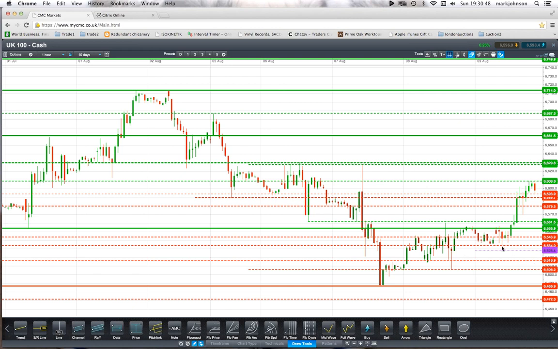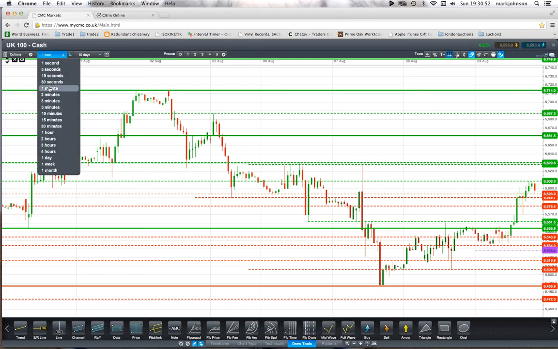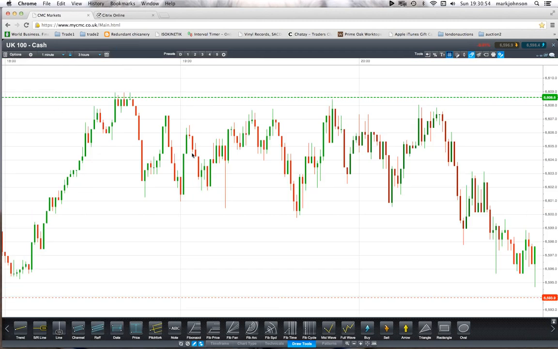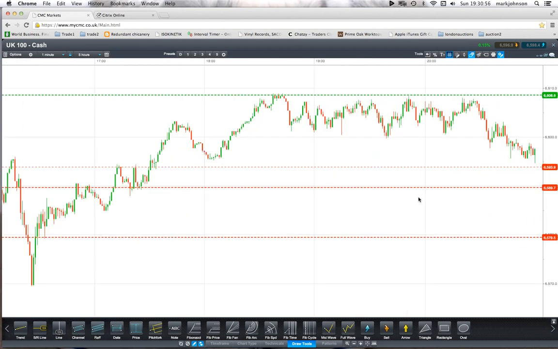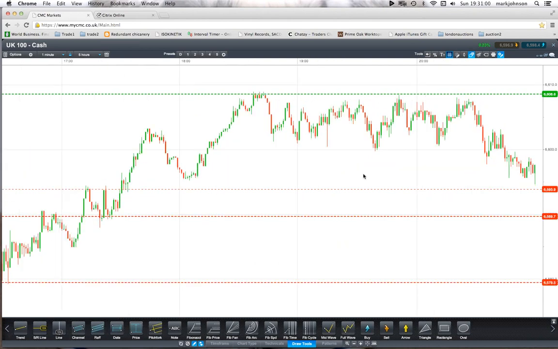Now I know this looks a mess, but I trade a 1-minute chart. So this is what my 1-minute chart looks like. So I've got 1, 2, 3, there's 4 hours of trading there. And as you can see, I've only got 1, 2, 3, 4 levels.